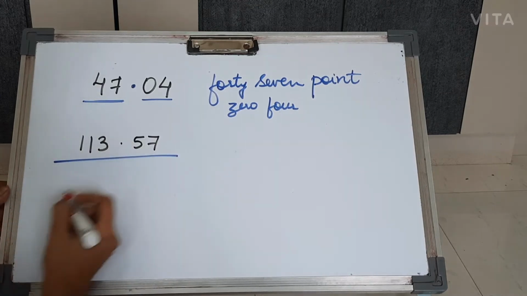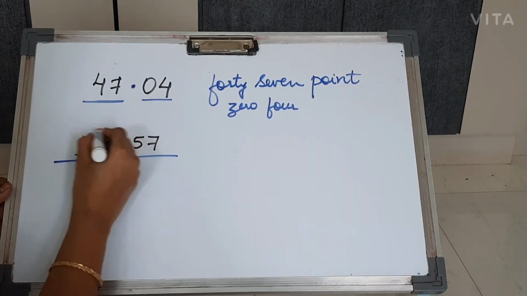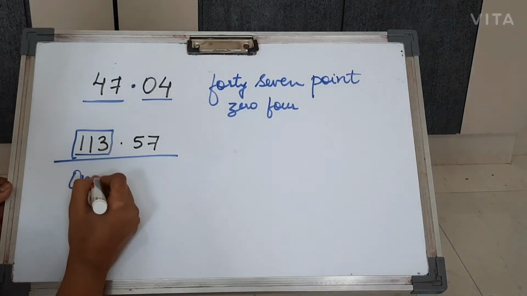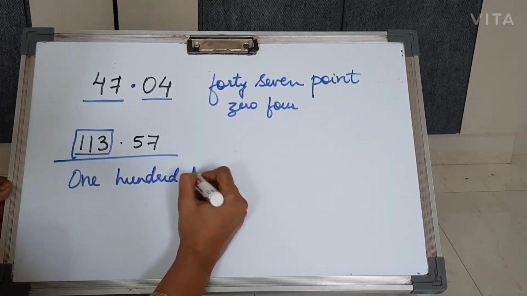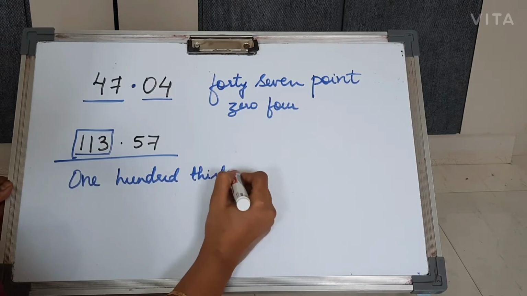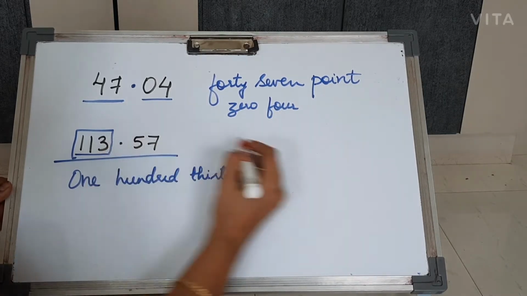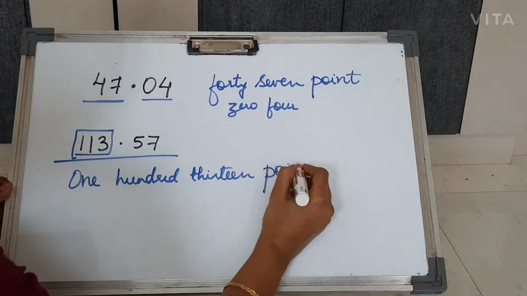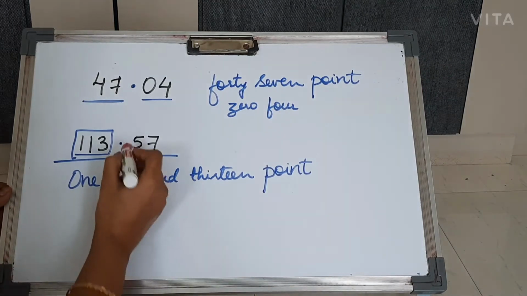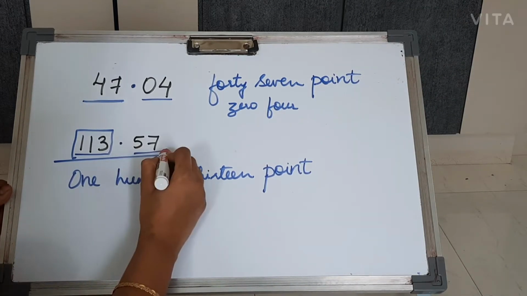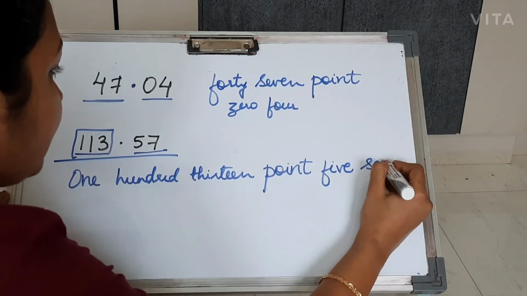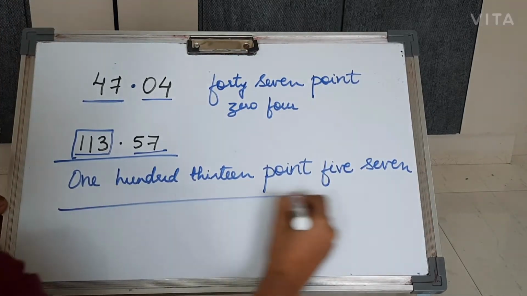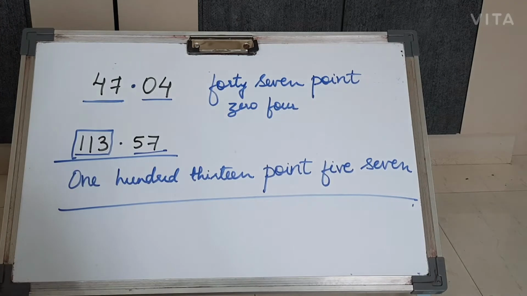Similarly for this, same as we write the number name here, 113. Then comes the decimal part, that is point. Now after the decimal, we will not read it as 57, but as separate numbers, 5, 7. So this is the way we have to write the number name for decimal numbers.